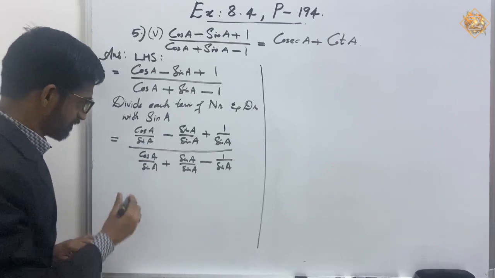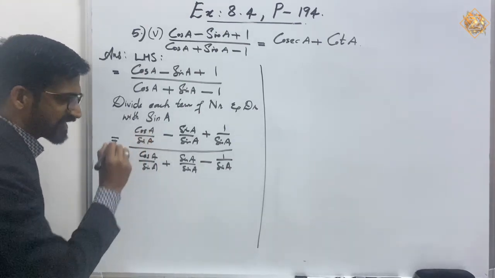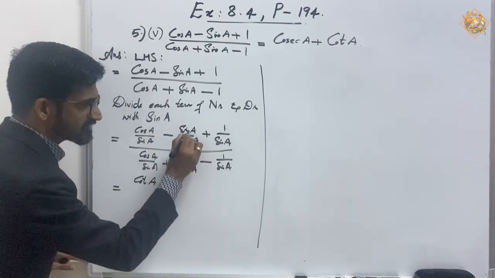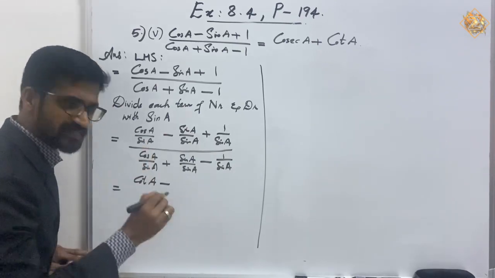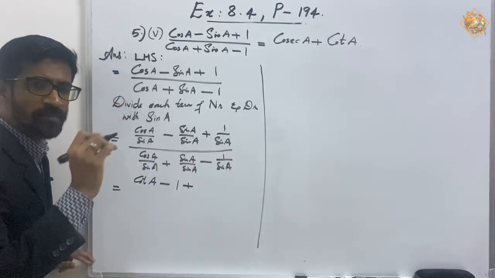Okay, now listen here. Cos A by sin A, what is that? Cot A, minus sin A by sin A, it is 1, plus 1 by sin A. What is 1 by sin A?